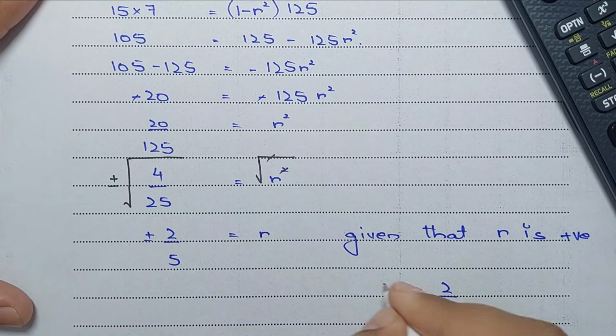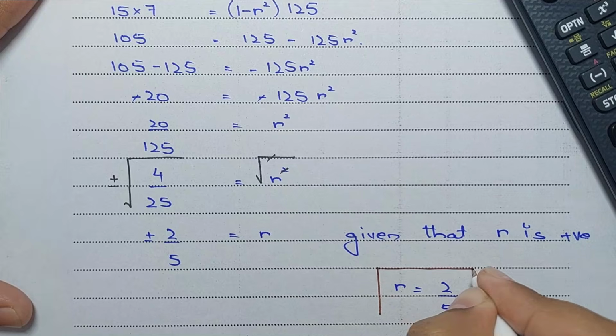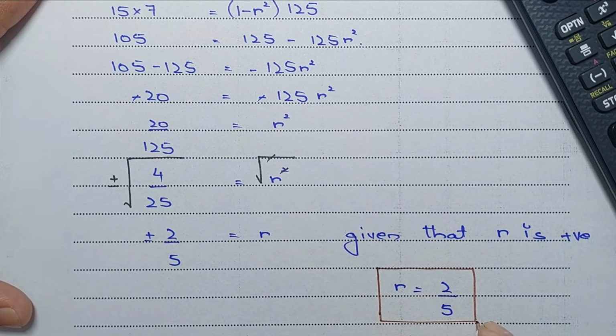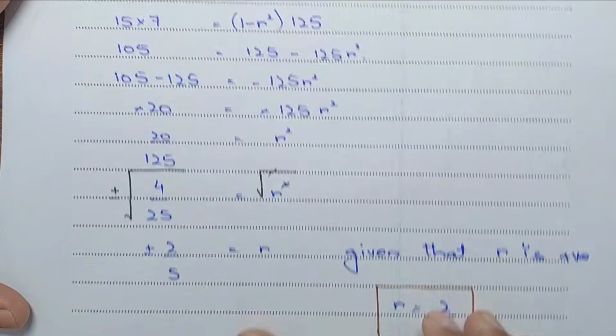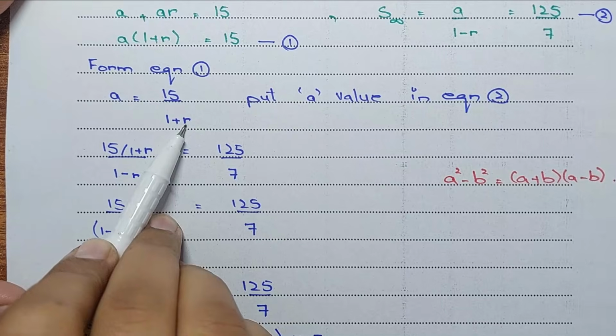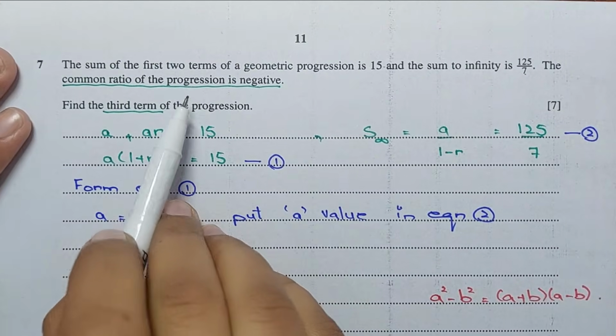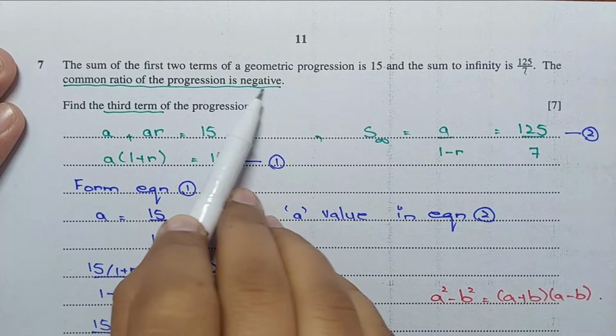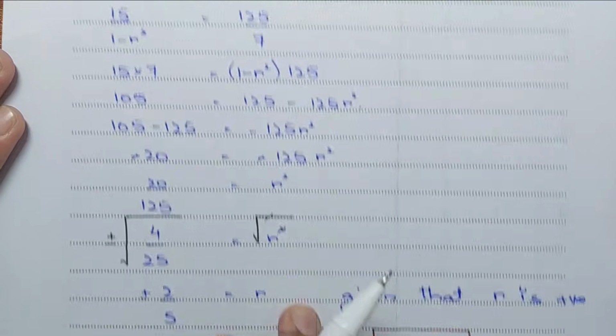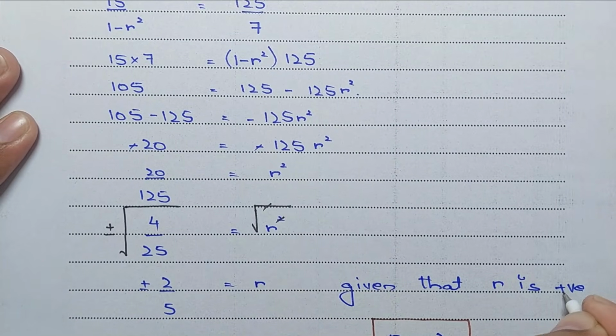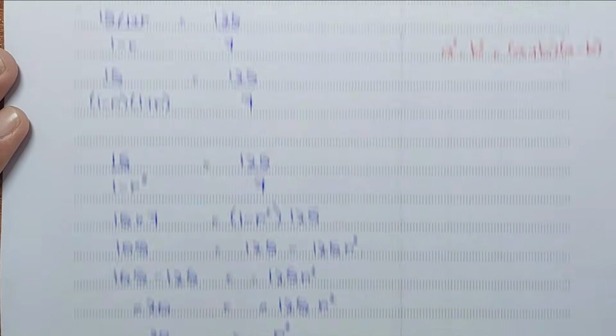So we got the value for r. Same, we need to solve for a to find out the third term. When we get the r, just put the r value over here and get the a value. Wait a second. In the question, it says the common ratio of the geometric progression is negative. Sorry, it's negative. Right. So the r value is minus 2 by 5.